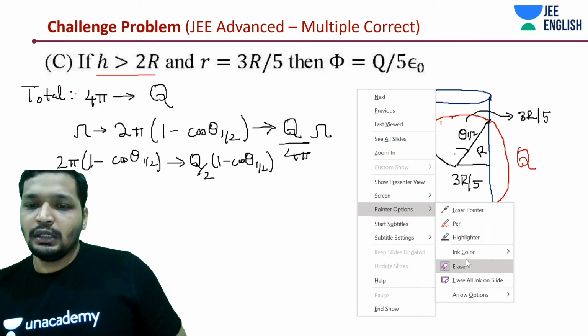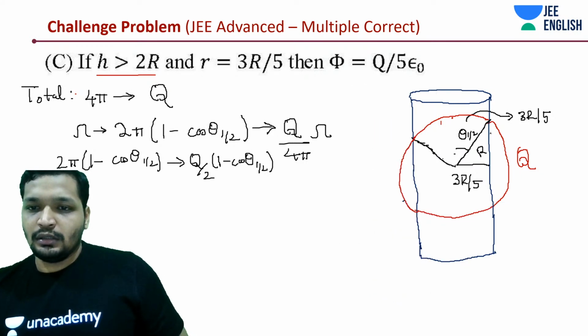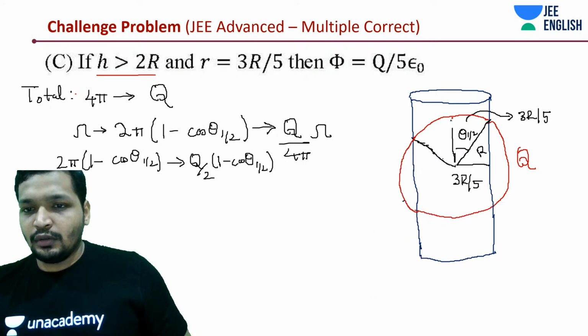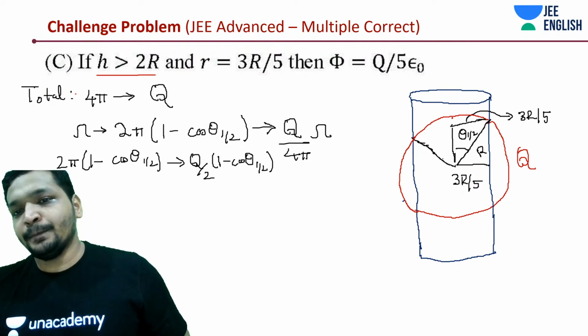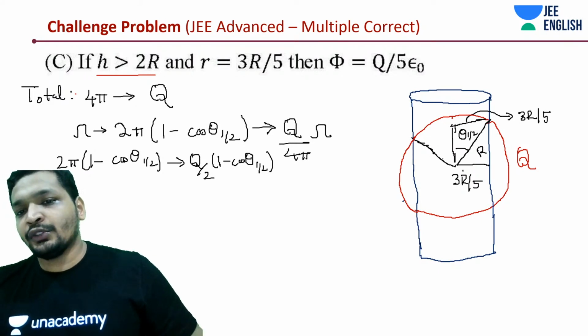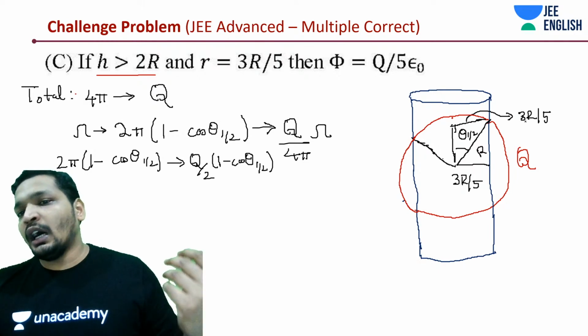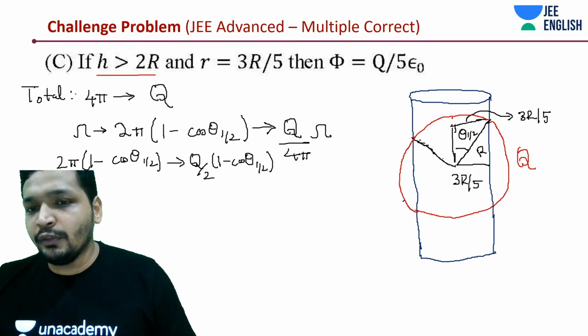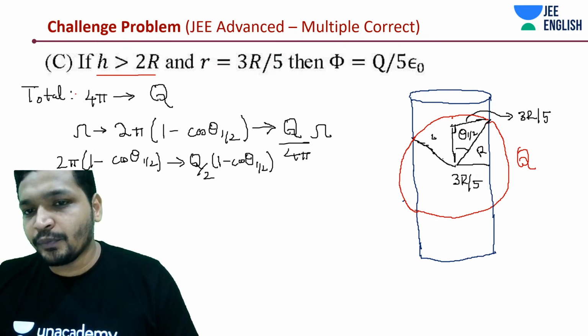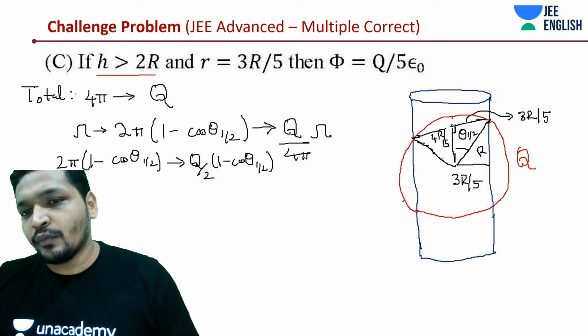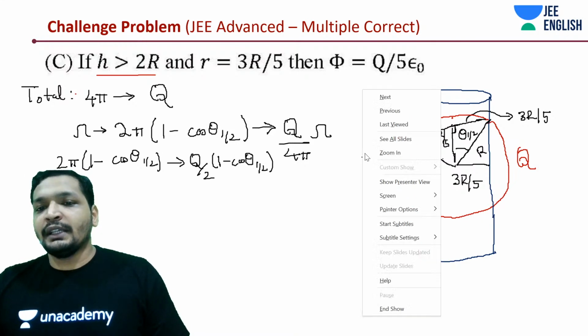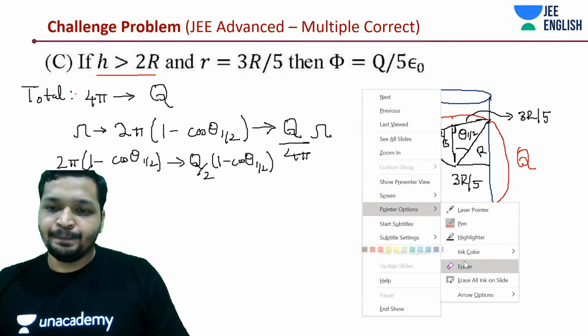So this side should be how much? r square minus 3r by 5 whole square, which is going to be 4r by 5. Okay, this side is going to be 4r by 5.